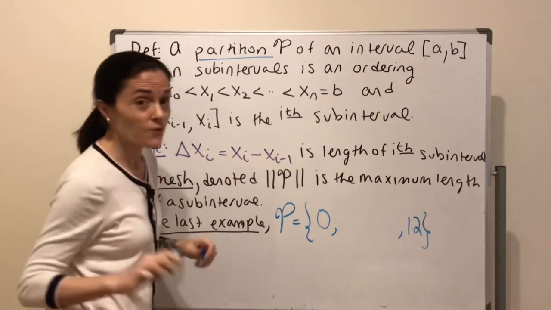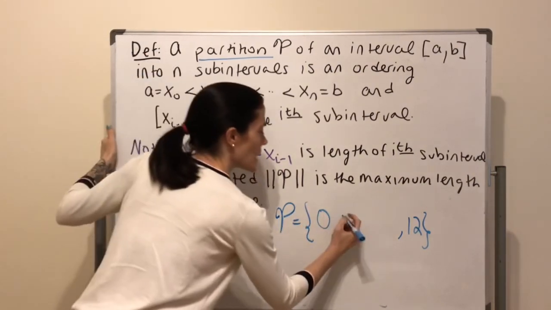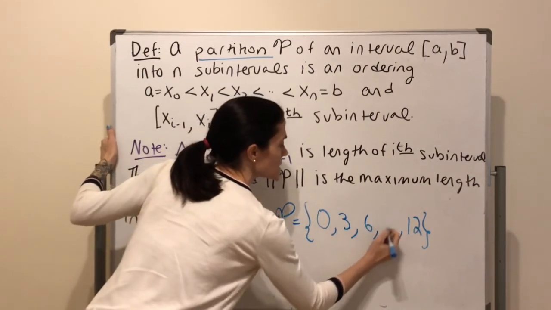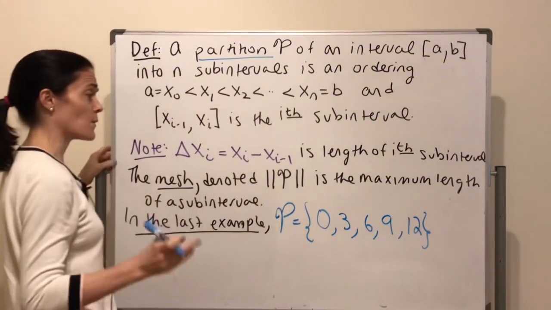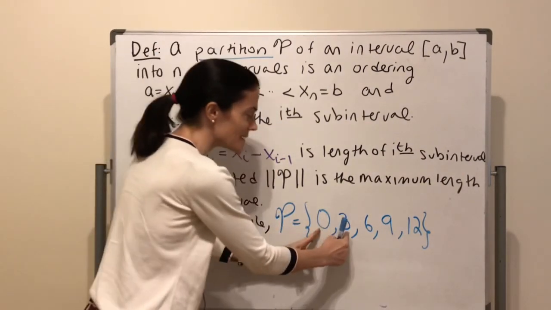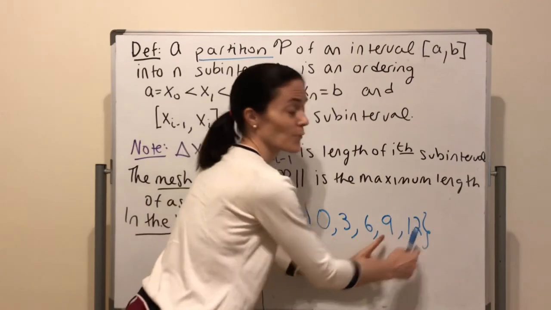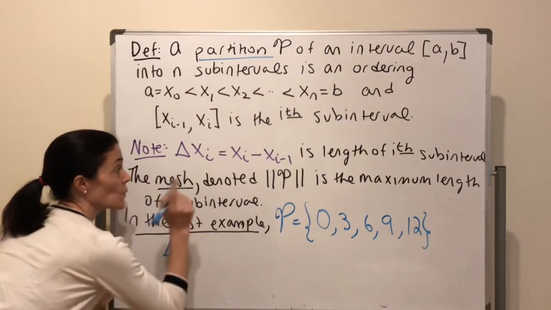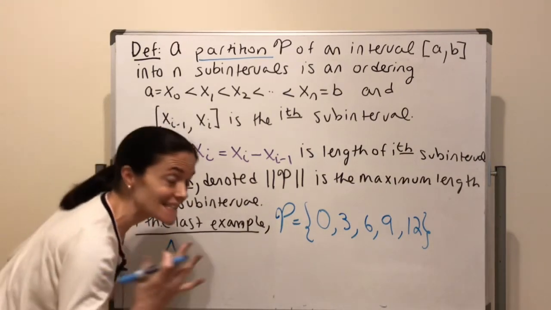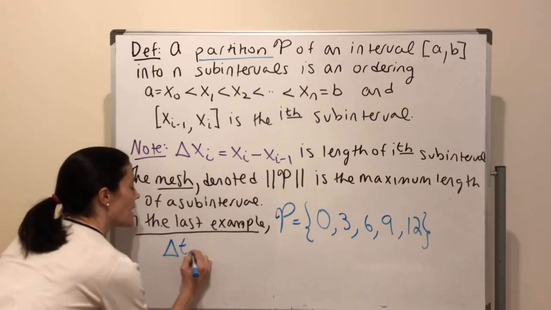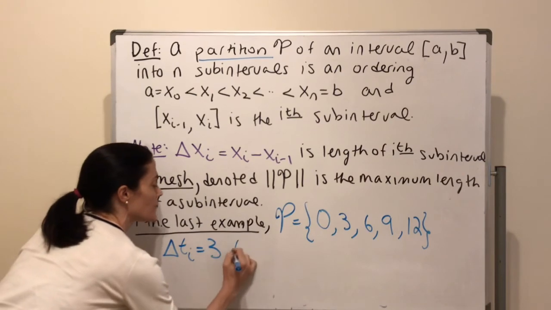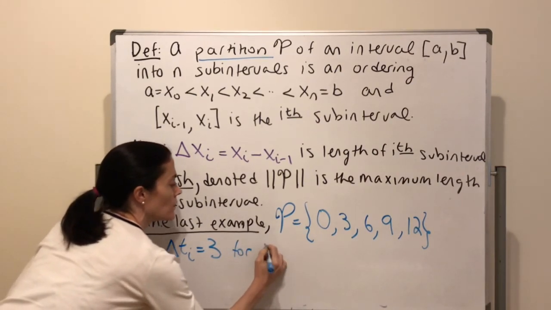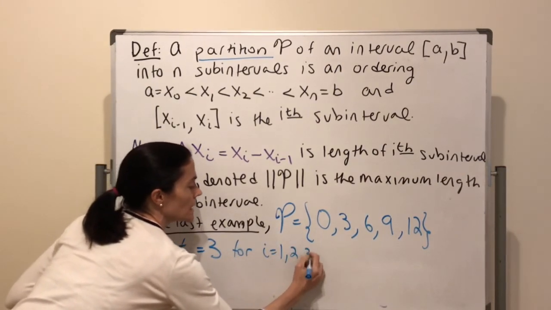And then we had 4 subintervals. We had 3, 6, and 9 were also in our partition. And you see here's 1 subinterval, 2, 3, and 4, like this. And then we had delta, well, it wasn't delta x, it was delta t, but we had delta t i was 3 for each subinterval.